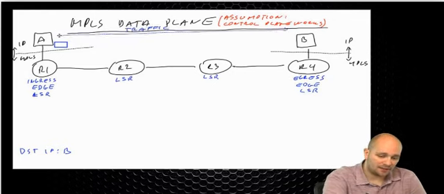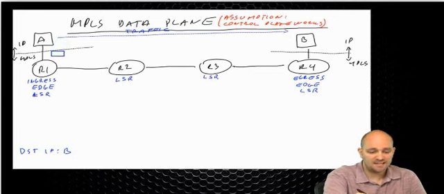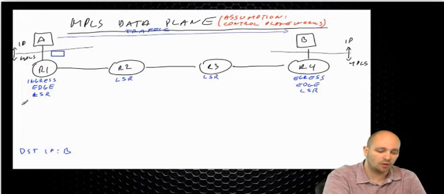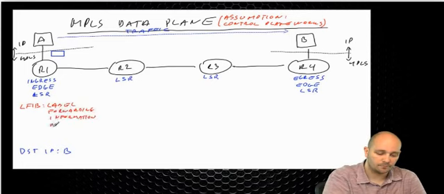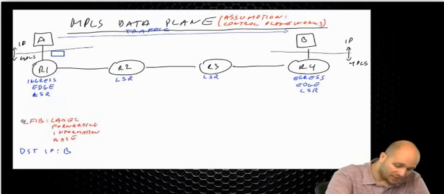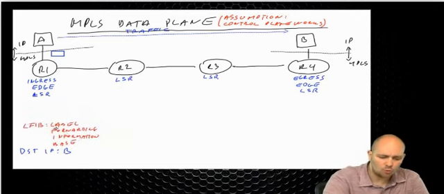When an IP packet arrives to the ingress edge LSR, this ingress edge LSR needs to perform a lookup in a table that we call LFIB. Now, LFIB stands for Label Forwarding Information Base. And in this LFIB, it needs to see what it does with this packet.